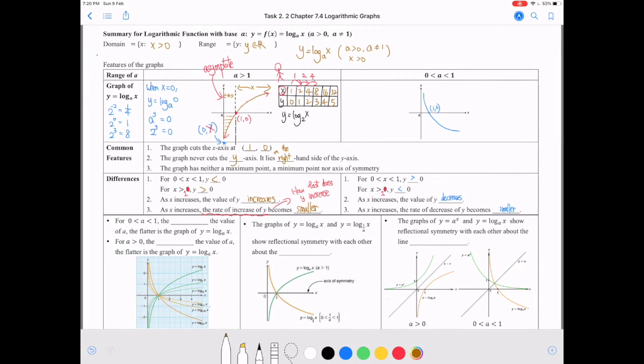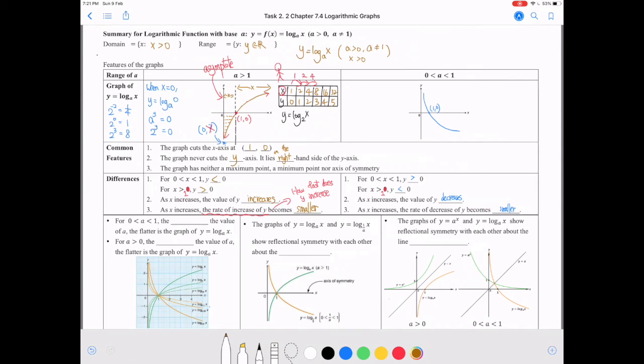Okay, so let's carry on to the last 3 boxes. On the left hand side, the first one: for x in between 0 and 1, the value of a, the factor, is the graph of y equals log base a of x.